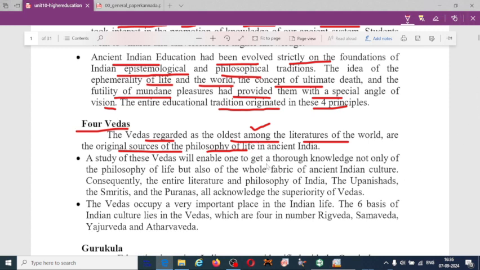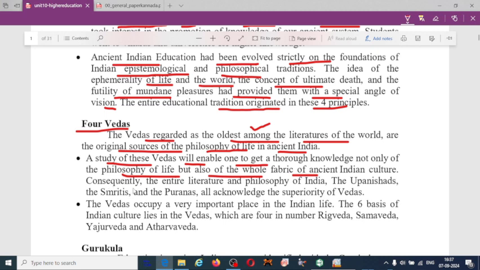That was explained with the help of four principles, what we call the four Vedas in ancient India. A study of these Vedas will enable one to get a thorough knowledge not only of the philosophy of life but also of the whole fabric of ancient Indian culture.